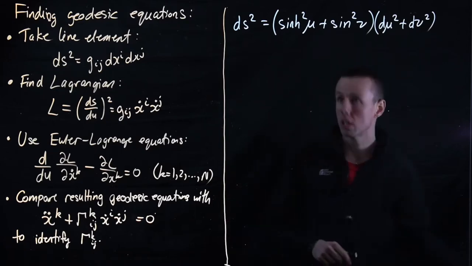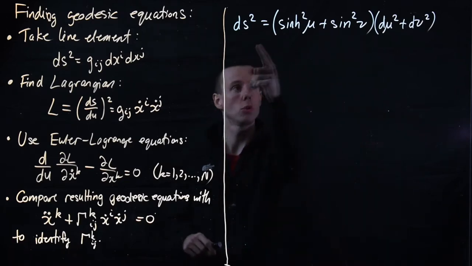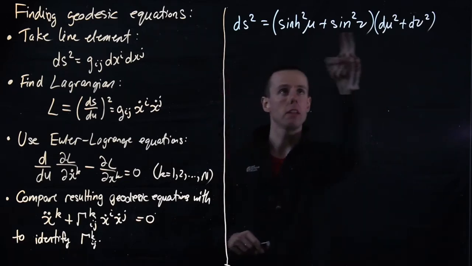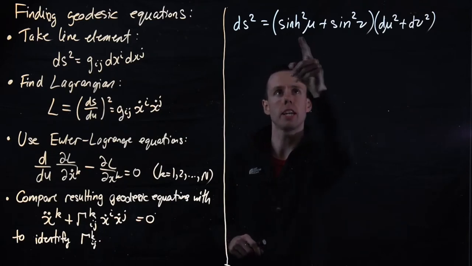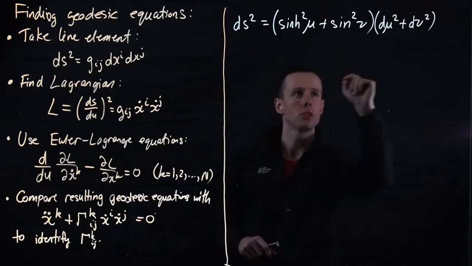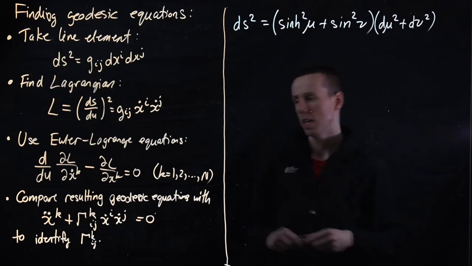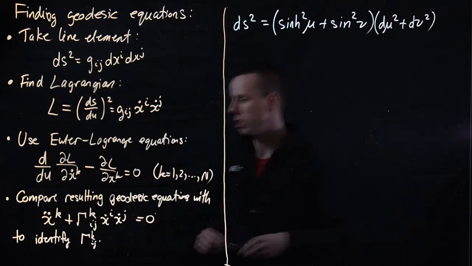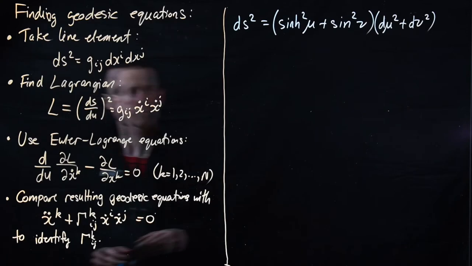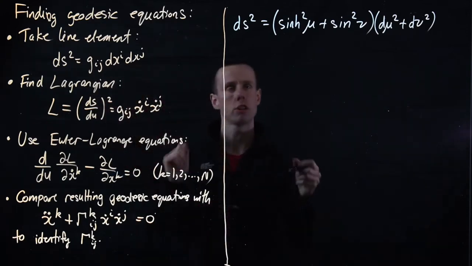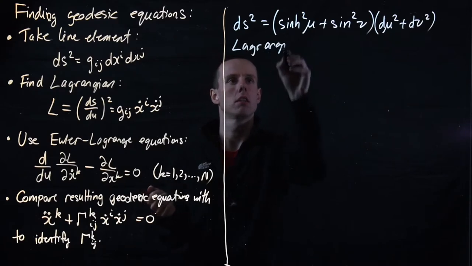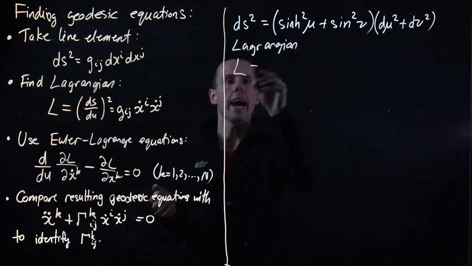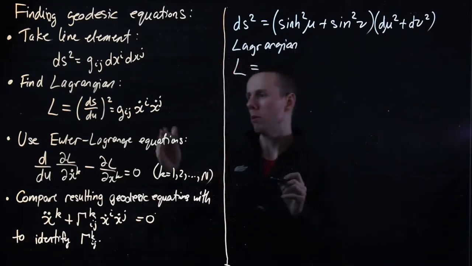Okay, so let's go for it. So I've given you once again the metric for these coordinates. So ds squared is equal to sine squared mu plus sine squared nu times d mu squared plus d nu squared. So the first thing we need to do is write down our Lagrangian. The Lagrangian will just be L equals, and just do exactly what I said a moment ago.